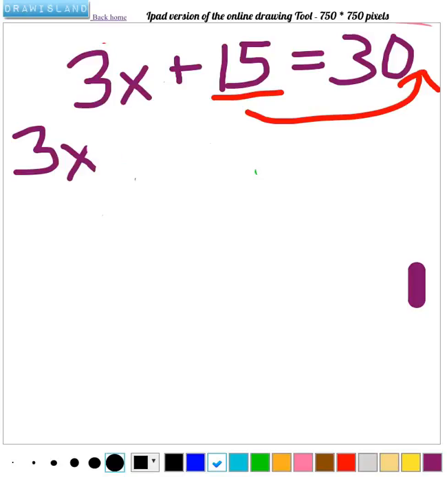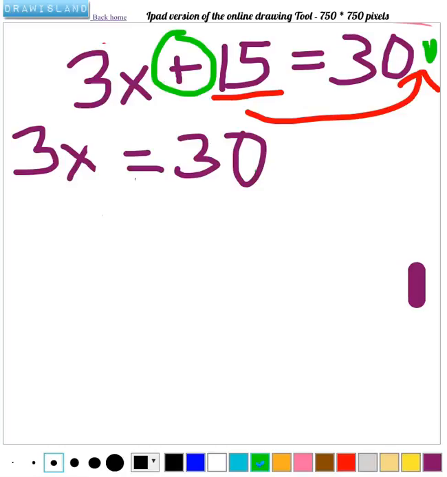So 3x, we move the 15 to the other side, so there's nothing else there but 3x, and then it's equal to 30. As you can see here, we move the 15 over here, and the 15 was a positive number. As you can see right here, it shows that. So since we switch sides, it's going to become a negative number.